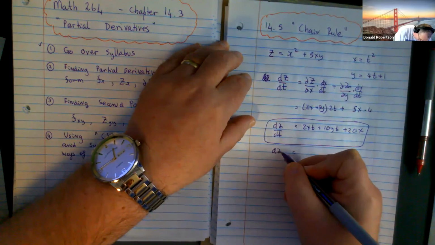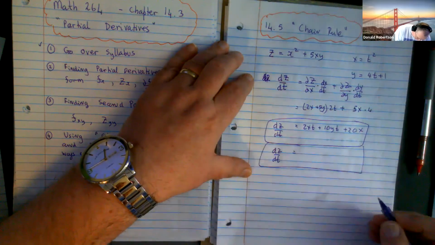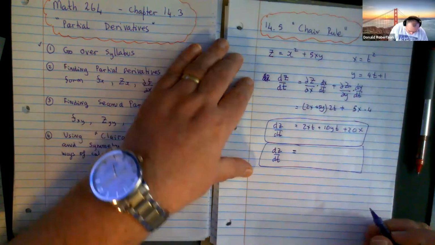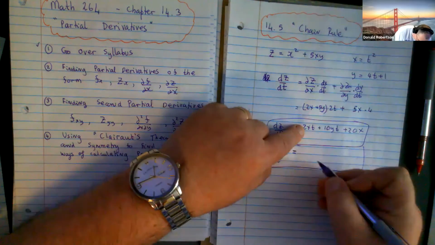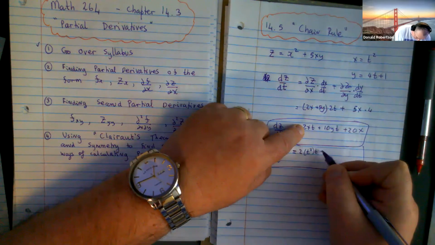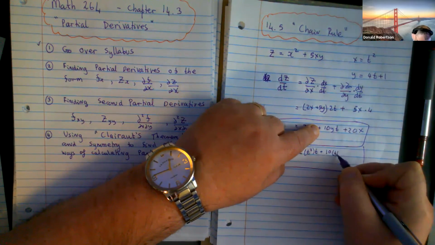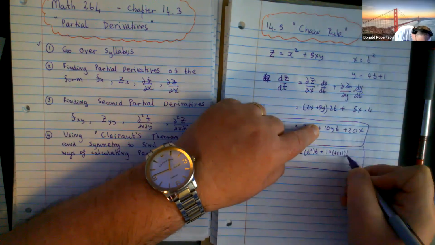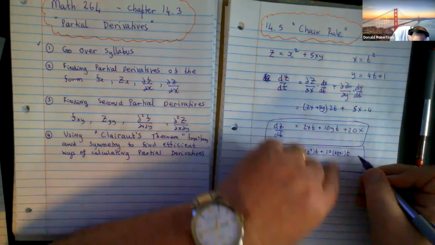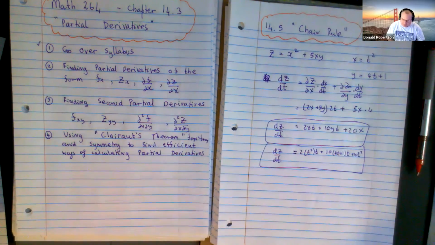If you get an answer and you're sure it's correct, but WebAssign doesn't like it, the reason is it wanted the answer to only have t's in it. So instead of 2x, it's 2t squared times t. Instead of 10yt, it's 10 times (4t plus 1) times t. And instead of 20x, it's now 20 t squared. I've just replaced everything in terms of t.